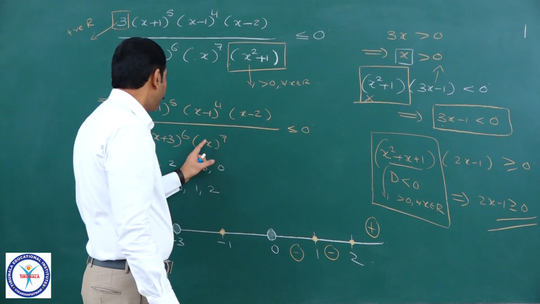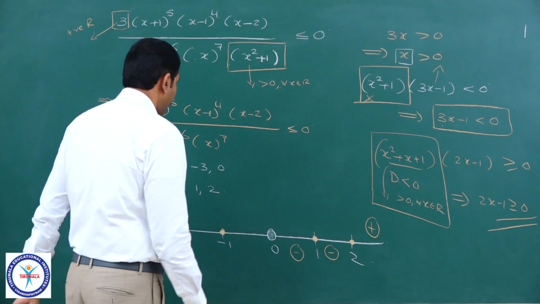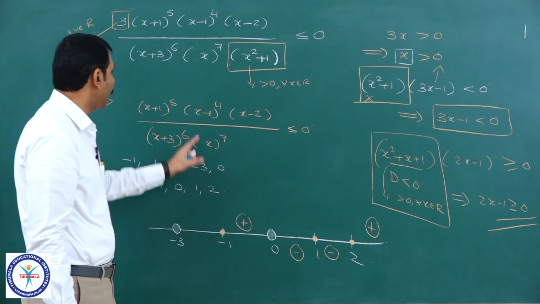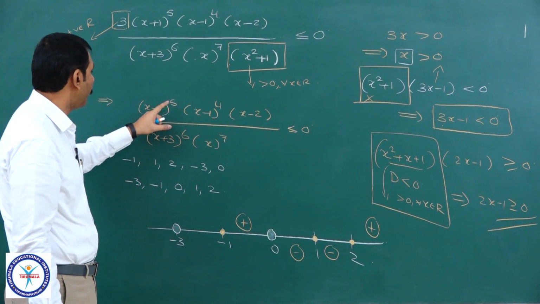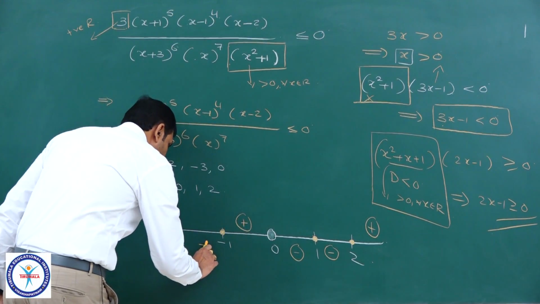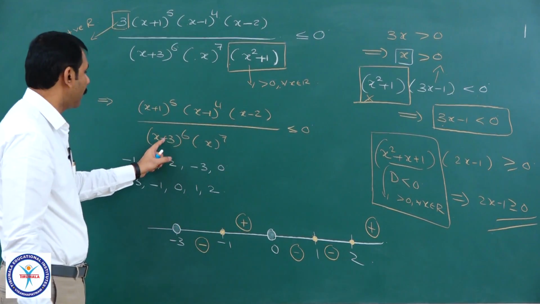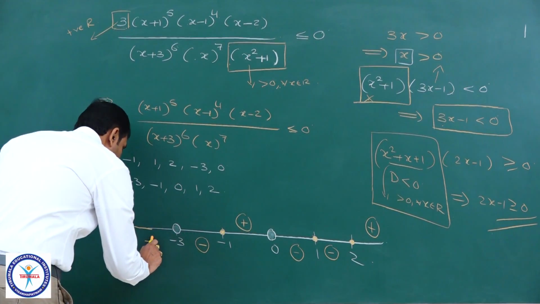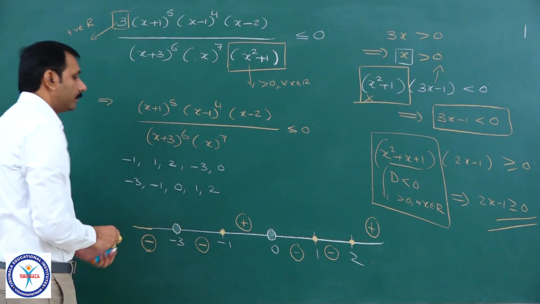And 0, power of x − 0, whole power 7 odd is there, minus means here it is a plus. (x + 1)^5 is there, therefore sign will change at −1, plus to minus. And (x + 3)^6 means here minus sign means left hand side also minus sign only.